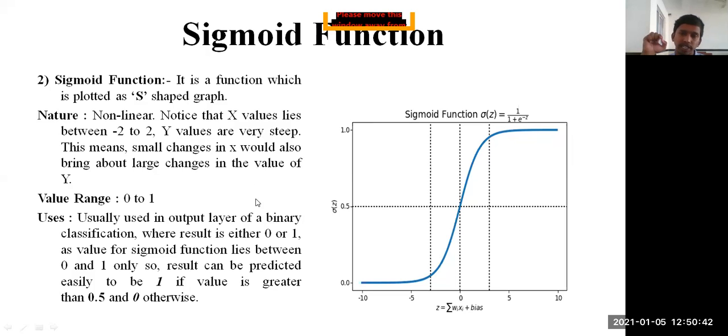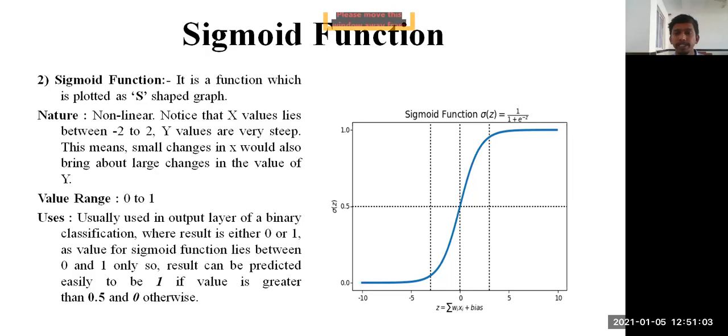If you change z, because that is the exponential value here, even a very small change in the z values changes the complete value of the output. That's why the y values are very steep, which means small changes in the input lead to large changes in the actual values of y, that is the output values.